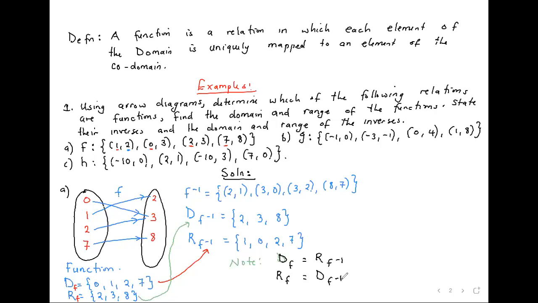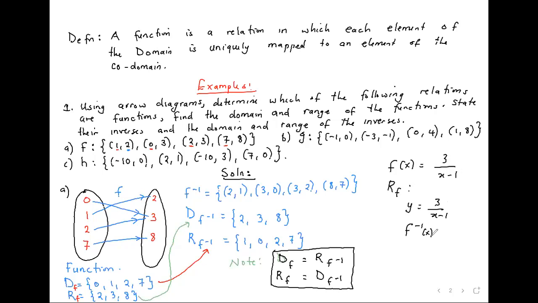It's from this note that we generalize. If you are given a function f equal to 3 over x minus 1, and we say find the range of f, the easiest way is to get the inverse of f, and then its domain will be the range of f.